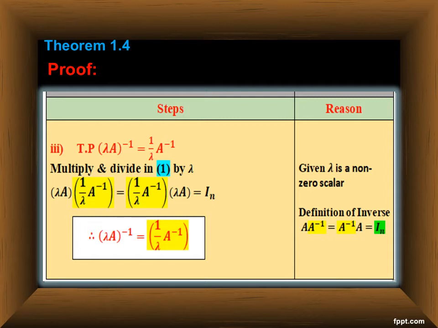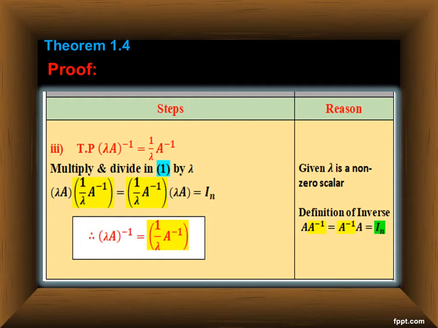So we are getting lambda A into (1 by lambda A inverse) equals (1 by lambda A inverse) into lambda A equals In. You know that dividing and multiplying by the same number gives you 1 only; instead of 1 we are replacing it by lambda by lambda. So now we get (lambda A) the whole inverse equals 1 by lambda into A inverse.